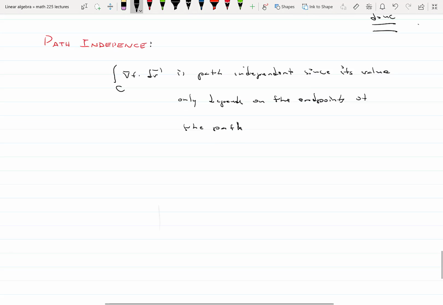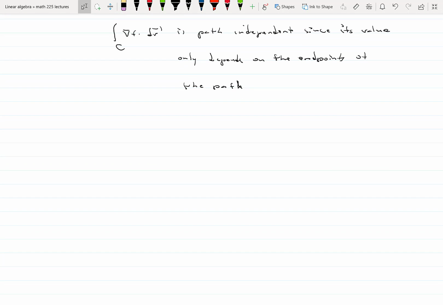So what does this mean in terms of computation? Or how do we compute these?